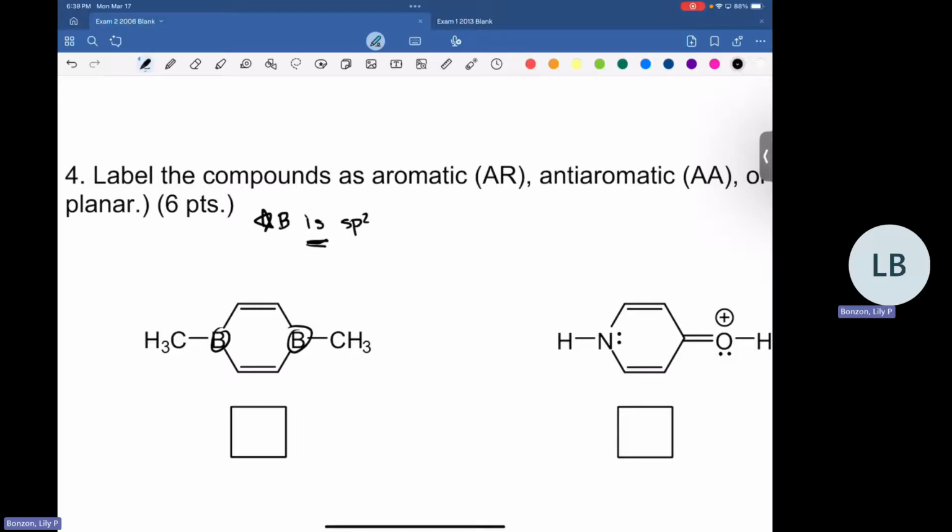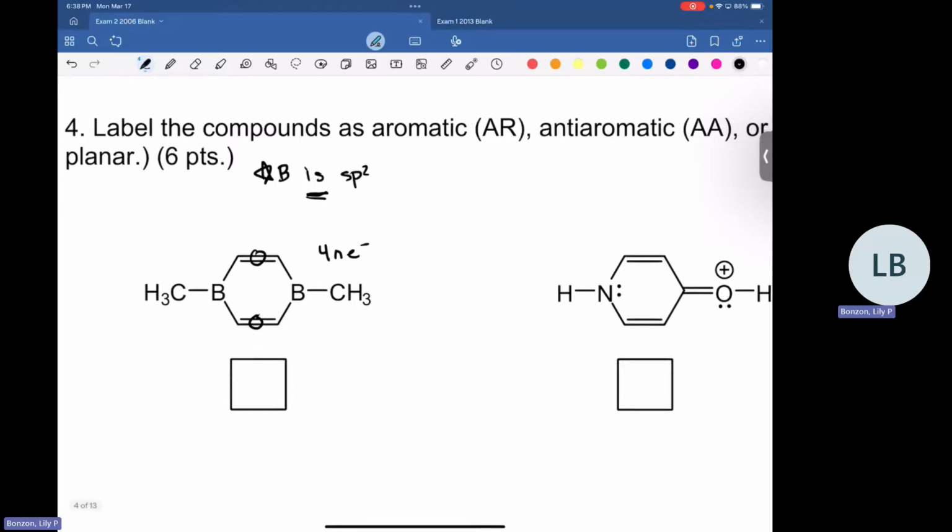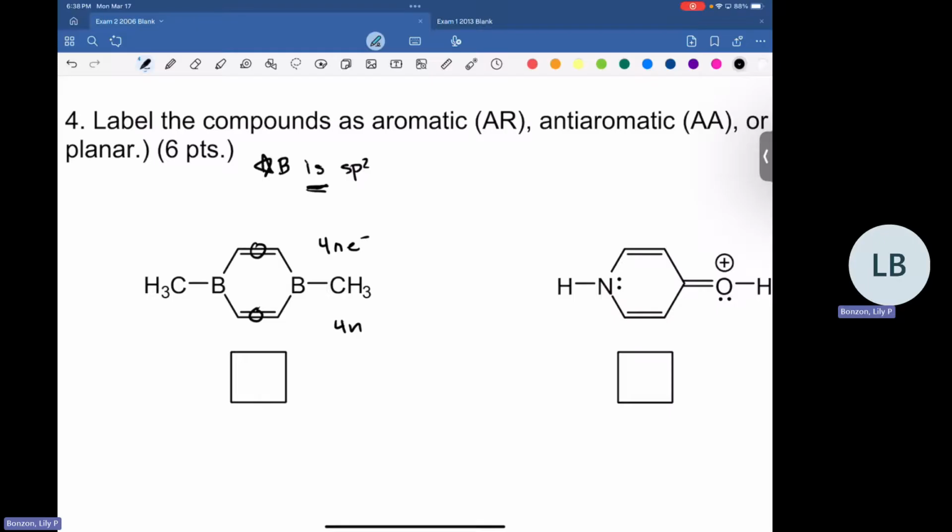We're just going to count our electrons. We have 2 for a lone pair, 2 for a double bond, and maybe a radical if you ever got one of those questions. Usually it's just double bonds and lone pairs. But in this structure, we have 4 pi electrons. Our rule is, I'm going to use 4n plus 2.